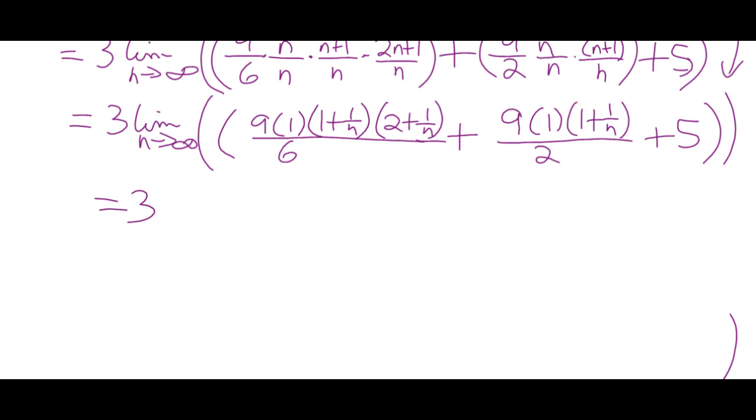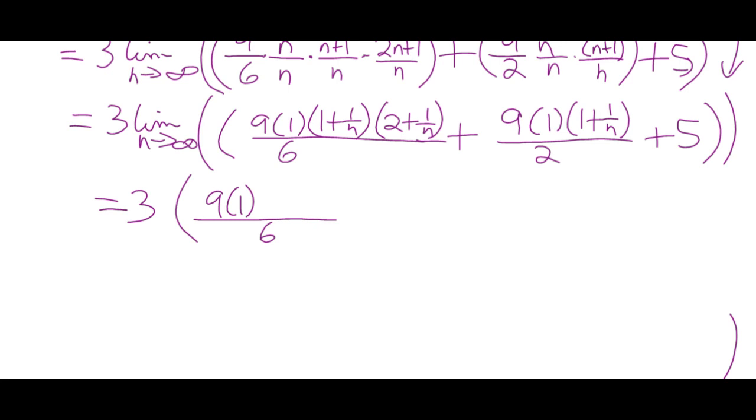Okay, so that's 3 times. All right. We dropped the limit now, right? Now we can take n to infinity because there's no n's in the denominator to worry about. So we've got 9. We got a 6, so we've got a 1.